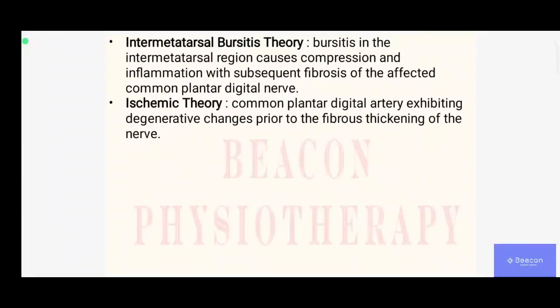Ischemic theory: according to this theory, the common plantar digital artery exhibits degenerative changes prior to the fibrous thickening of the nerve.